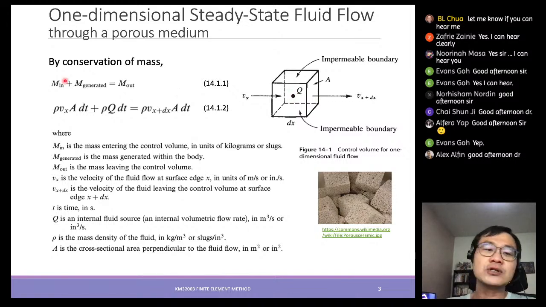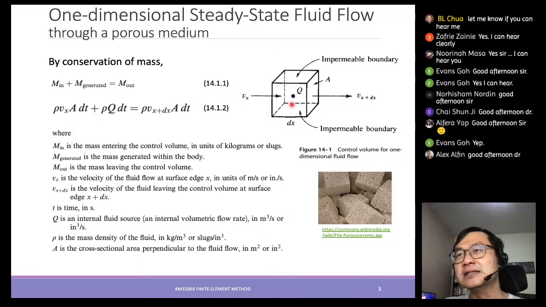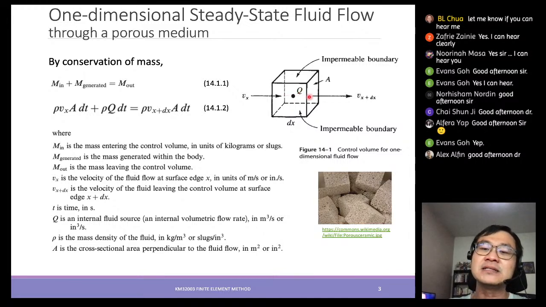So in this equation we will say the mass in, plus any mass generated, meaning we add mass, maybe because there are some other pipes connected to it that increase the mass in this particular volume. Then you have the mass generated, equal to whatever comes out later on. It must go in a conserved way.